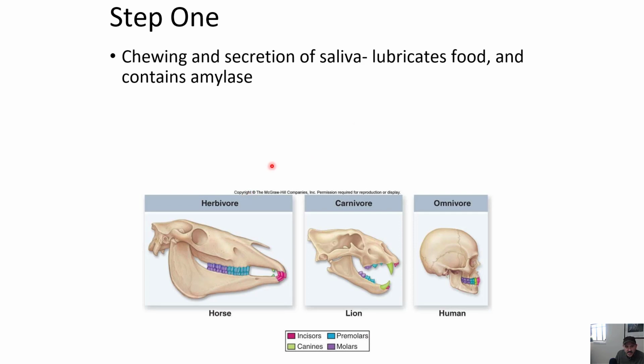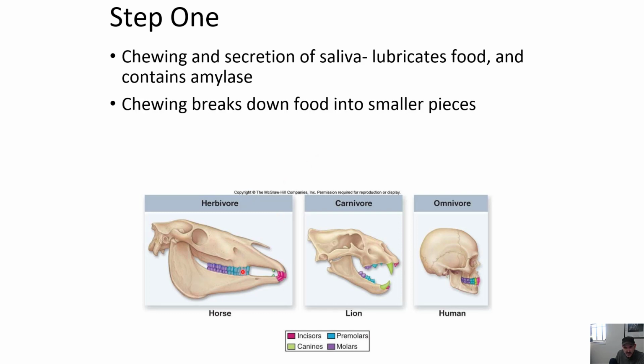Now, in mammals like we see down below, lots of different kinds of teeth have evolved, depending on what kind of diet that organism has evolved for. Humans are omnivores. We have lots of different kinds of teeth, whereas carnivores, like this lion, have teeth mostly dedicated to meat eating, and pure herbivores have teeth dedicated to eating plants.